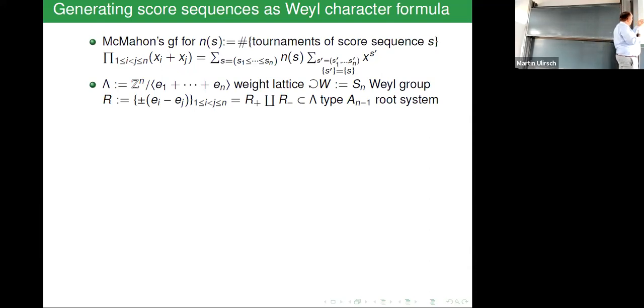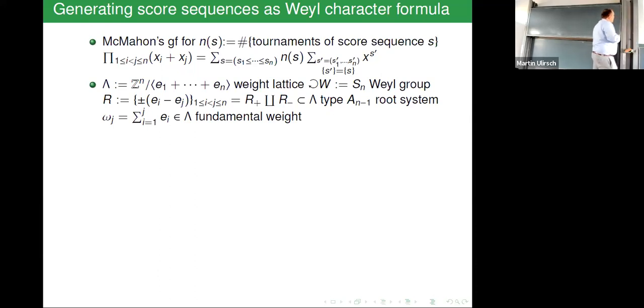When e_i minus e_j, with i less than j, you can think of these as positive roots. These correspond to the case when one player wins, and the negative roots correspond to the other outcome. So here is the root system, and that's what this is about, to show you this system.